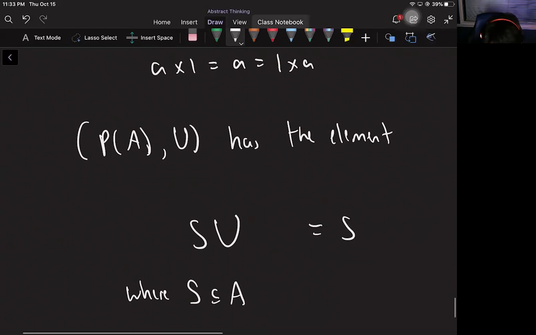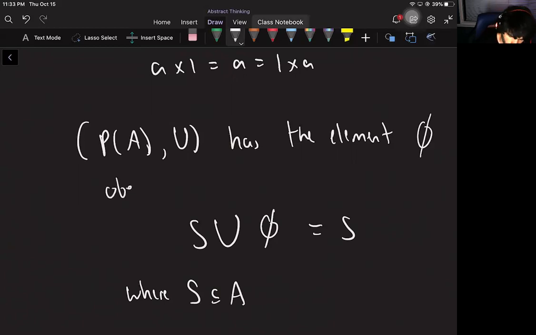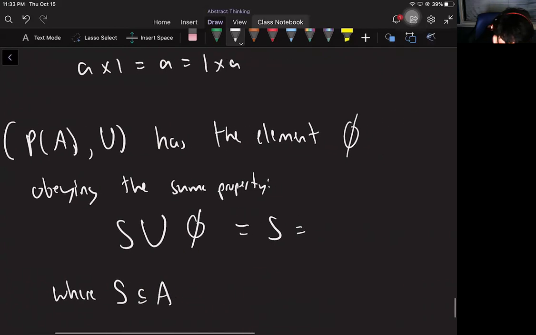Well, if I union, I think of it as adding stuff in. If I add the empty set, that's what does nothing. If I union with the empty set, I get S. So it has the element, this guy, obeying the same property, but for its operation, and it also works the other way too.